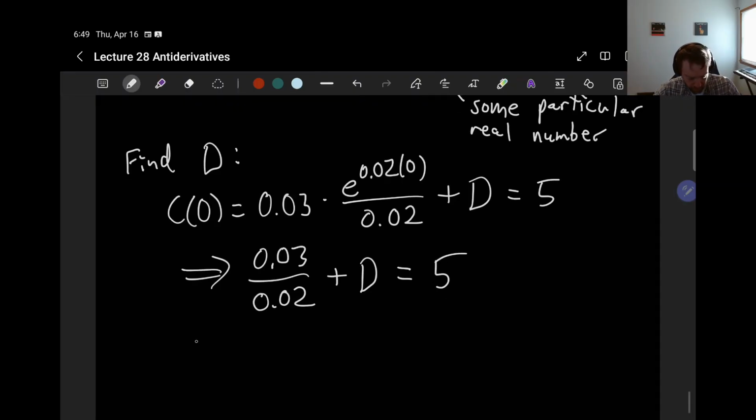And why don't we go ahead and simplify that part? I probably should have done that earlier, but it's okay. Well, you could use a calculator. That's fine, but you could also think of this as 3 divided by 100 over 2 divided by 100, and those over 100s cancel. So it's 3 halves, 1.5.